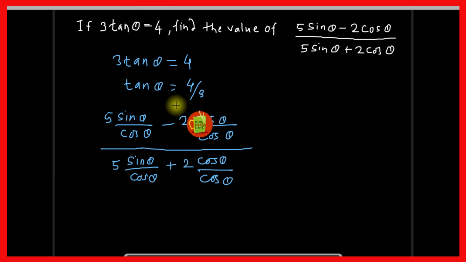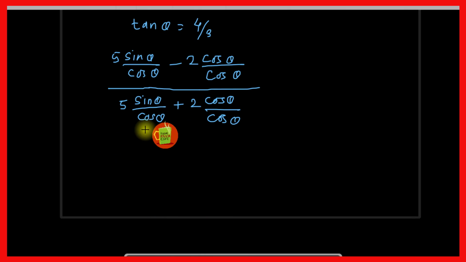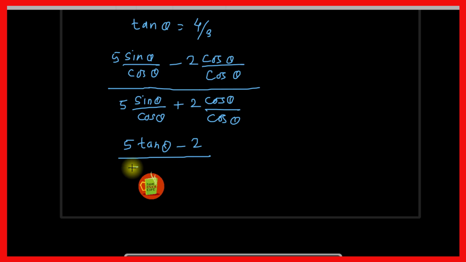Now here we have divided the numerator by cos theta and the denominator also by cos theta, and so sin theta upon cos theta is tan theta, so we will get 5 tan theta minus 2 upon 5 tan theta plus 2. Now here tan theta is what? 4 by 3.